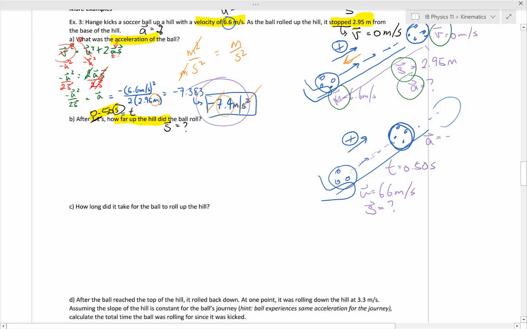And I'm going to write the non-rounded value in case we need to use it. Actually, we will use it. I've also saved it on my calculator so I can use it again. I'm going to write a note because we are using the same hill. Ball's going up same hill. The rate at which it loses velocity is the same.